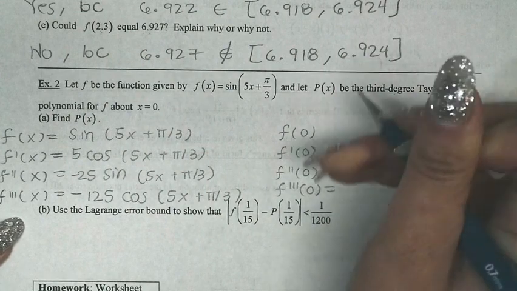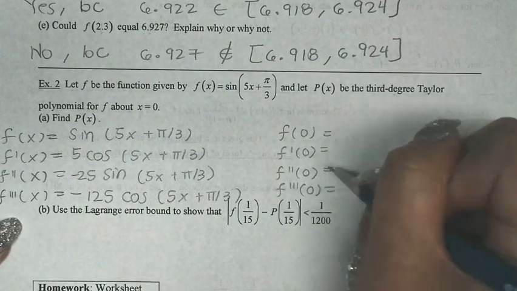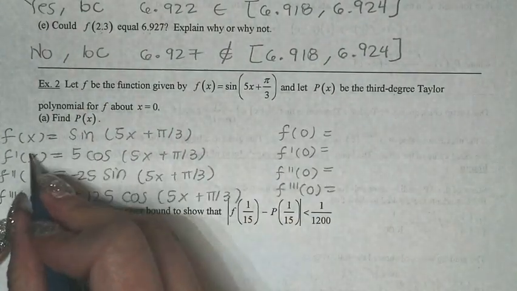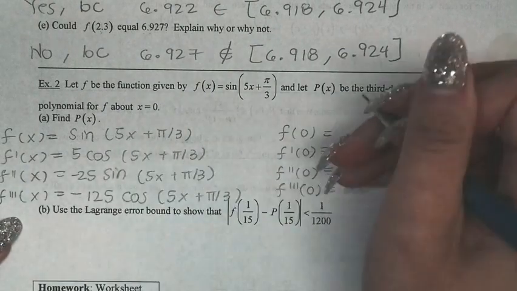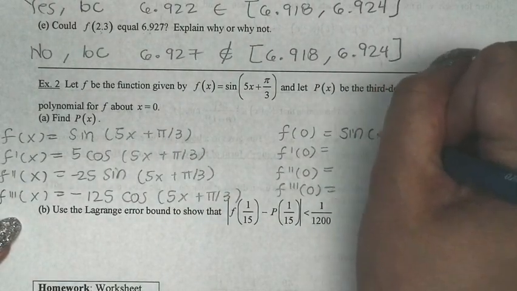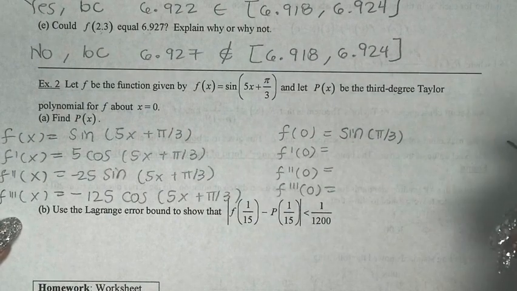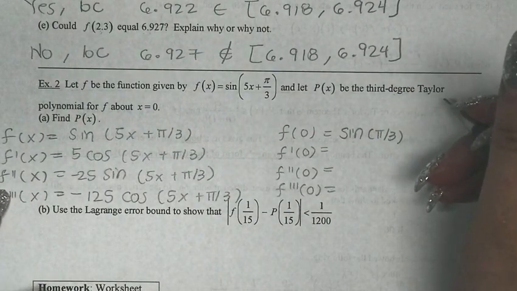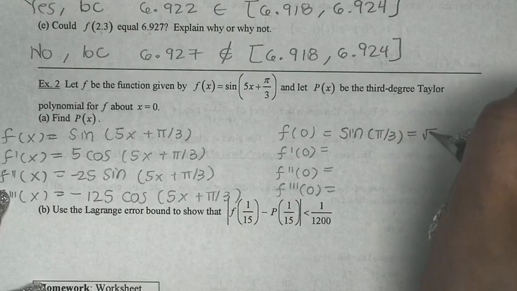Okay, the good thing is that we know our unit circle, don't we? So if you plug in 0, this becomes a 0, so you have sine of pi over 3. What do you know? You know that sine of pi over 3 is equal to root 3 over 2.